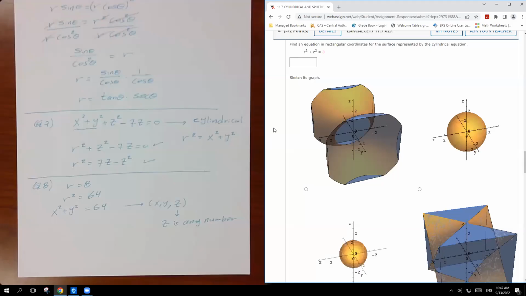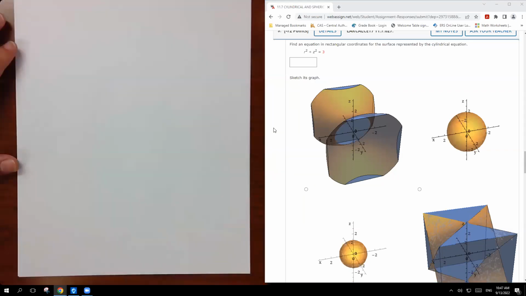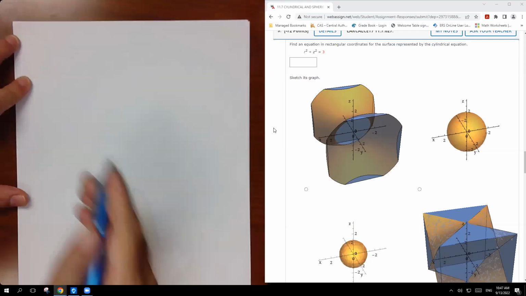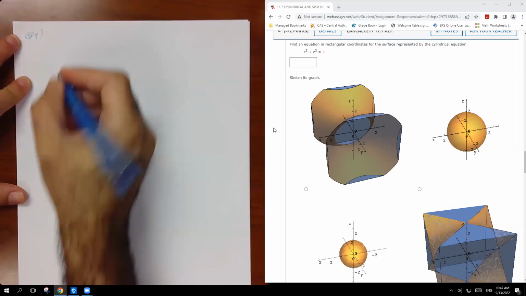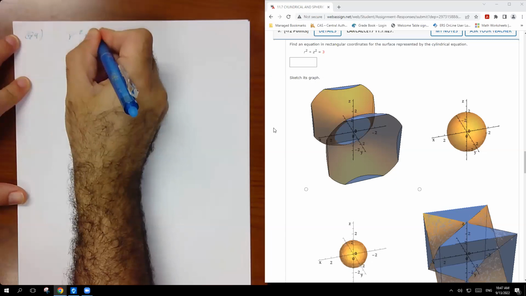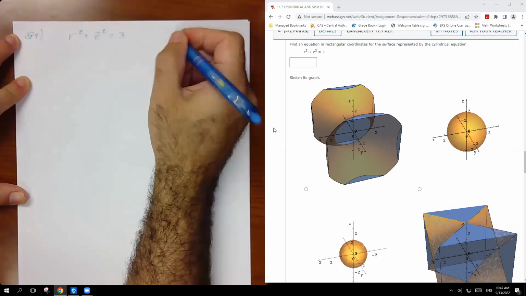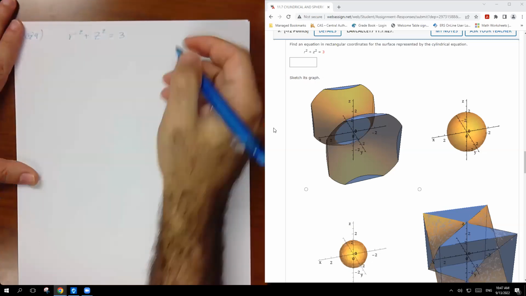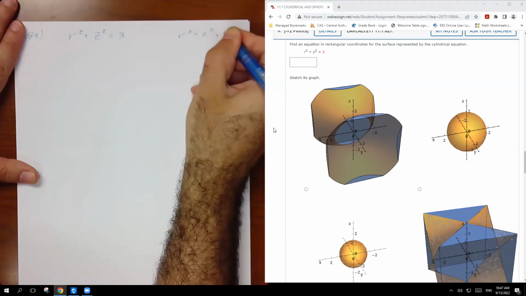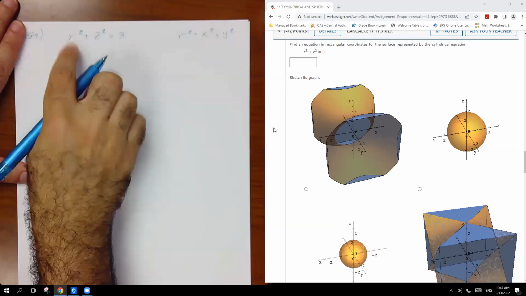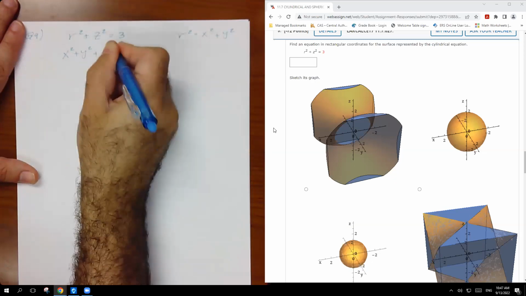So let's check example 9. We have r squared plus z squared equals 3. So I already know this is a cylindrical coordinate equation. I need to write down the rectangular one. We already know r squared equals x squared plus y squared. So I'm just going to plug in here: x squared plus y squared plus z squared equals 3.